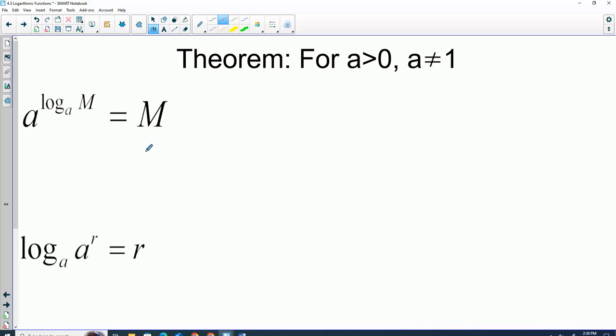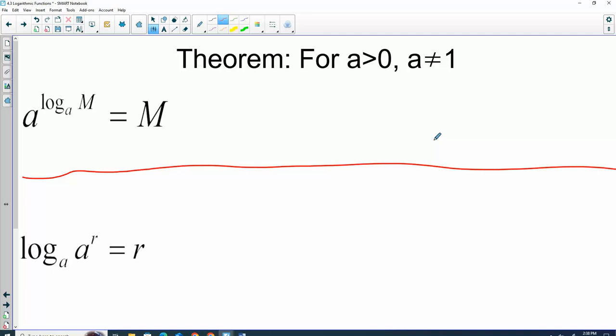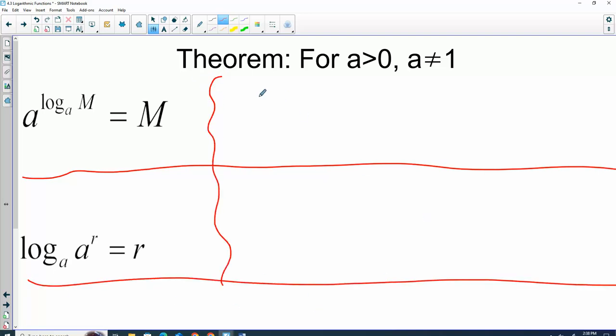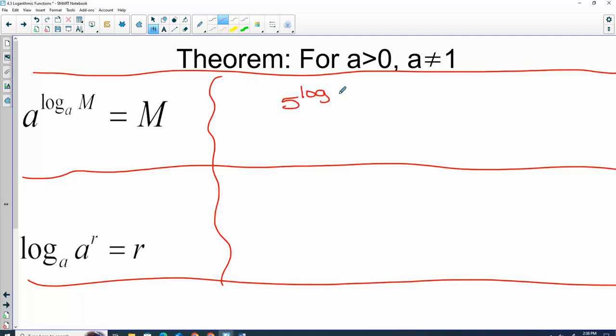I wanted to give you a little justification for why these are true. Let's use numbers. 5 to the log base 5 of 7 power. Okay, if we wanted to work this out, we don't know what it equals. So we talked yesterday about saying it's equal to x, right?